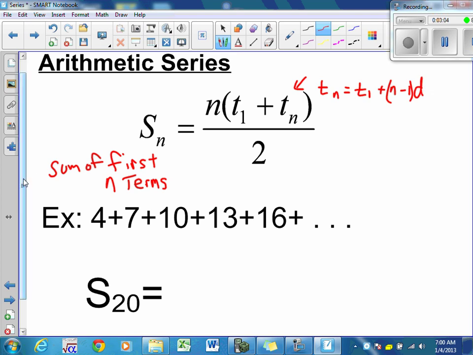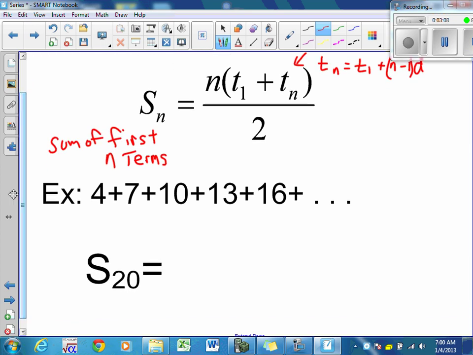So let's find the sum of the first 20 terms. If we look at our formula, our n is 20, our first term is 4, we divide by 2, plus, now I need to find my nth term, or my 20th term.